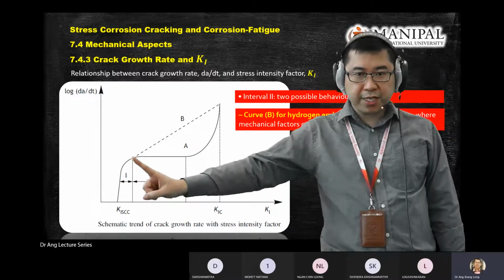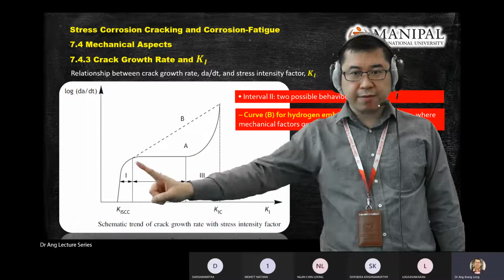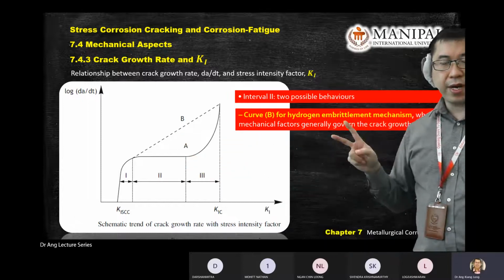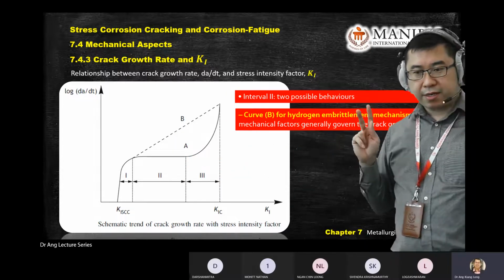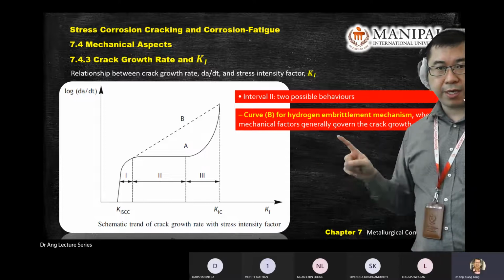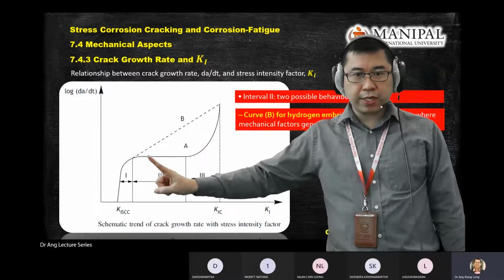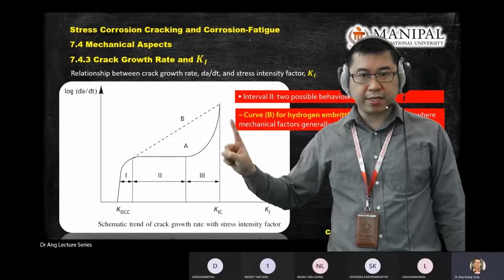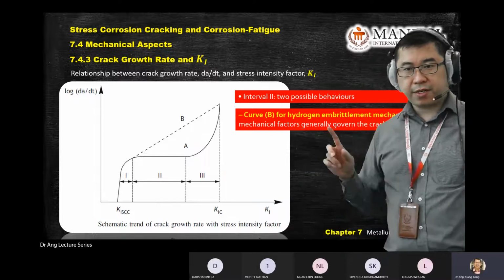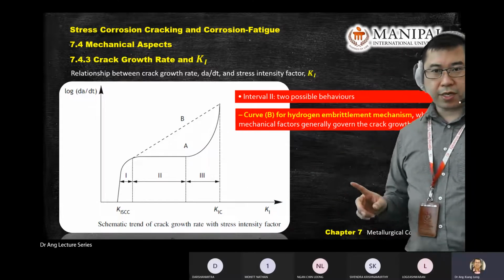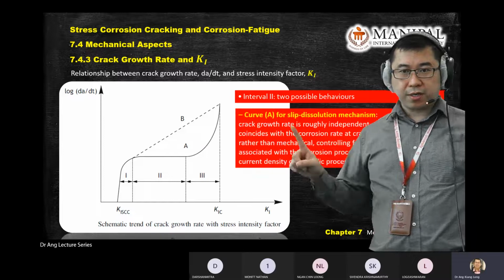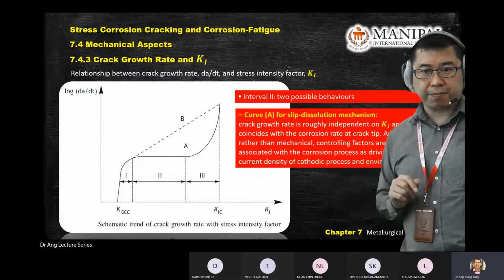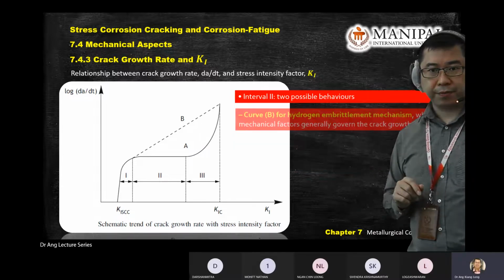If you see an almost straight line, then it falls under the cathodic process or hydrogen embrittlement. If it follows along this straight line and then there's a curve, it's under the anodic process, which is the slip dissolution mechanism. Okay.